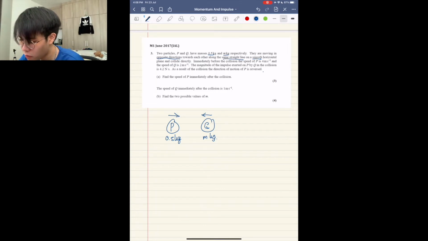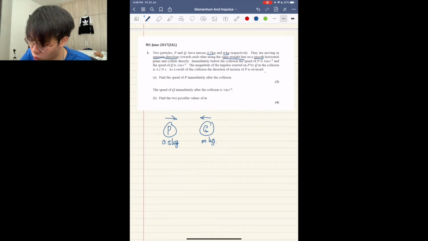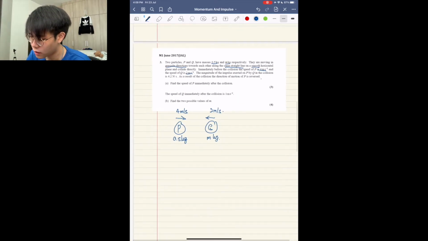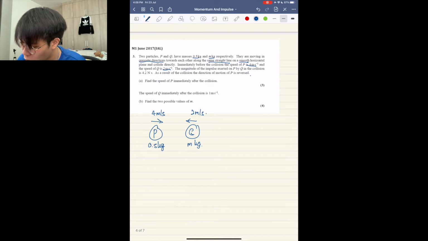Immediately before the collision, the speed of P is 4 meters per second and the speed of Q is 2 meters per second, and the magnitude of the impulse exerted on P by Q is equal to 4.2 Newton seconds.